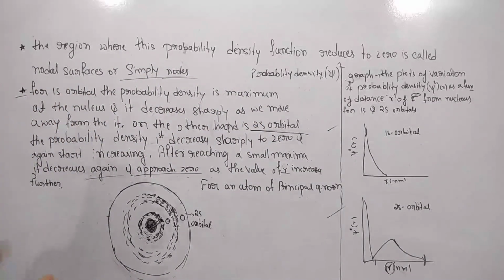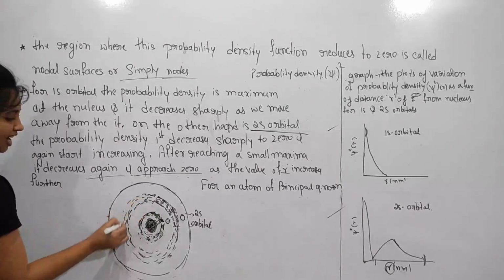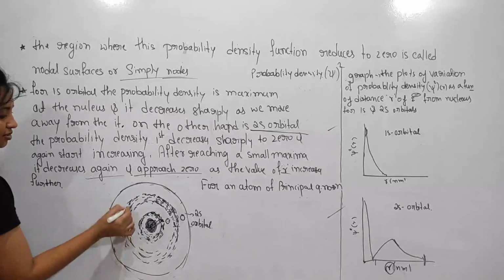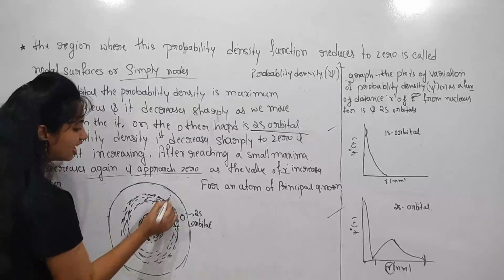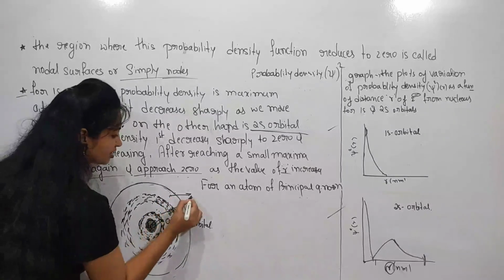We have two types of nodes: radial nodes and angular nodes. In an s orbital we have radial nodes.